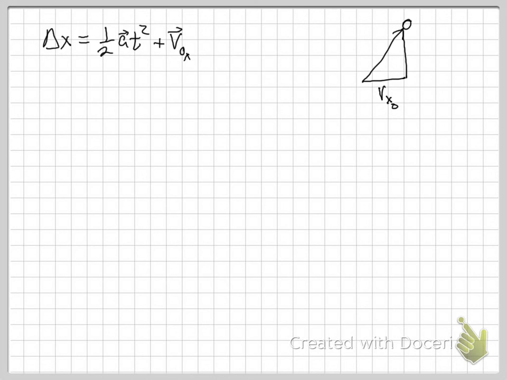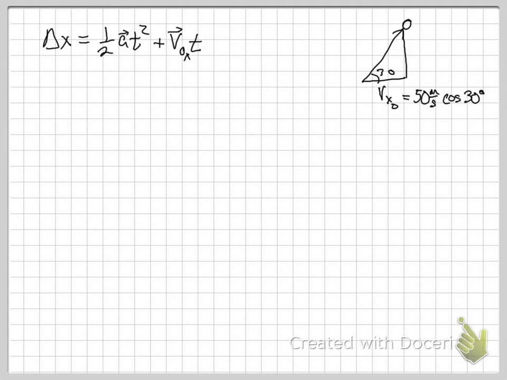So it's just this component, and that's going to equal the total magnitude times cosine of 30. And that's what we're going to be plugging into this equation right here.